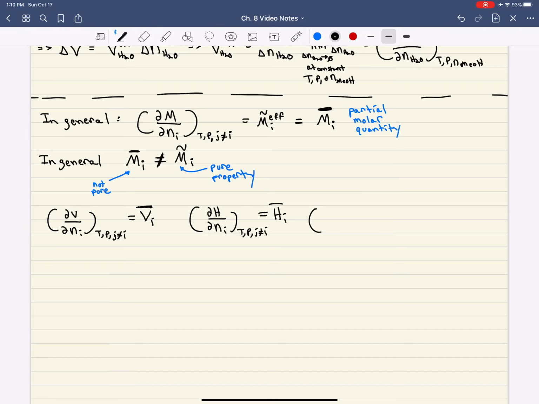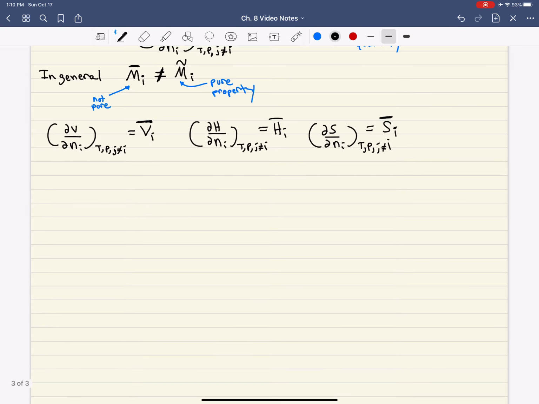You could also have with entropy a partial molar entropy. Okay? And I want to emphasize that what you're taking the partial derivative of is the quantity for the entire mixture. Okay? So you take the partial derivative of the property for the entire mixture with respect to the moles of a single chemical species or single component.